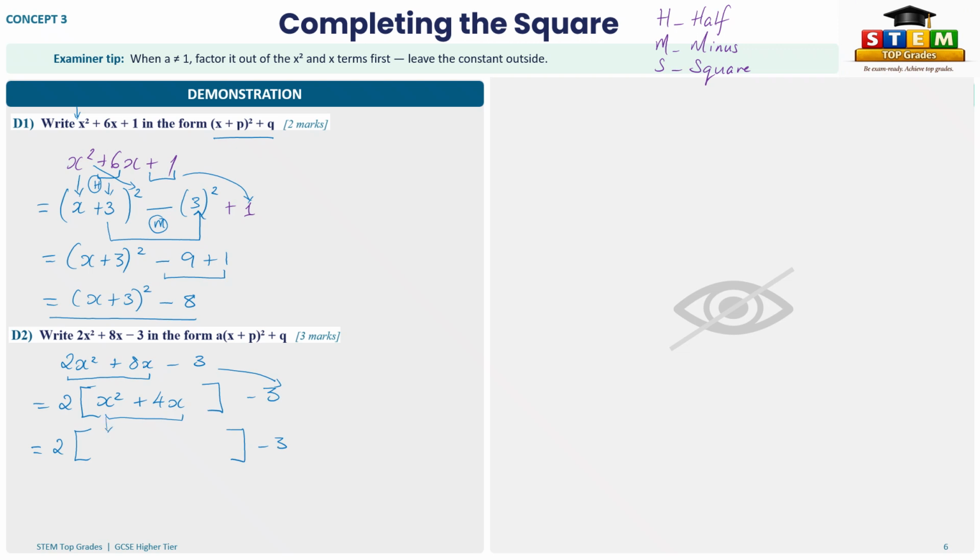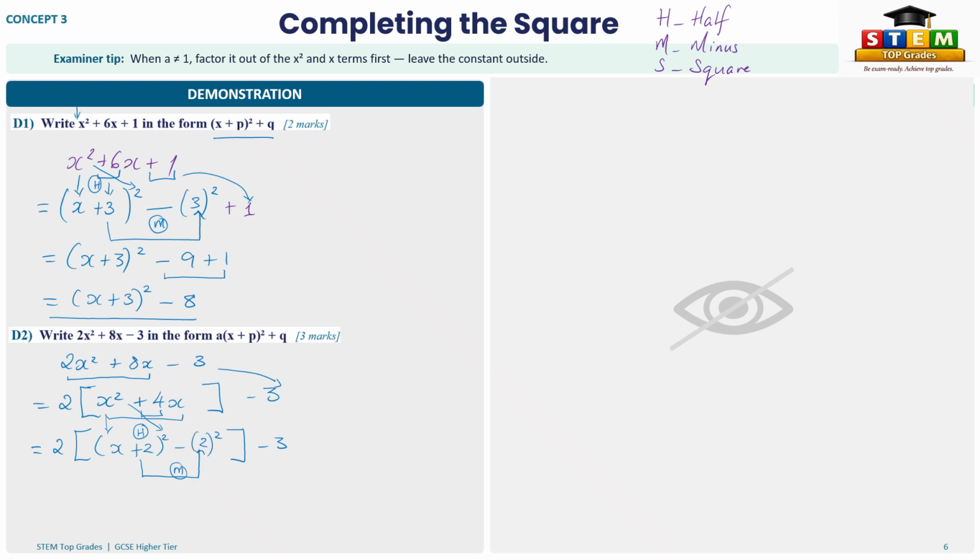Okay, so we're going to drop our x, and that 4 is halved, so it's going to become plus 2. And then we're going to get our square over here. And remember, halving, and then taking the minus here, and then squaring this number, which is 2 squared.